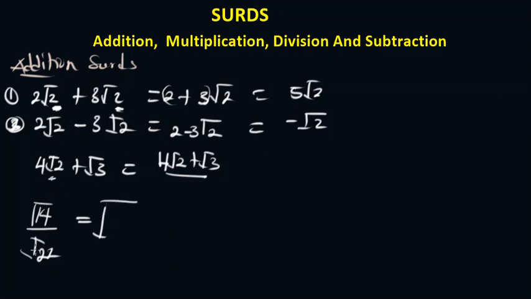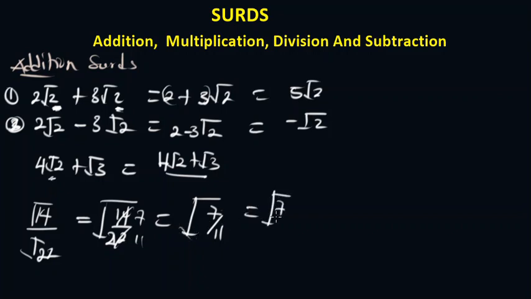So we extend the root on both numbers, and we'll have 14 divided by 22. But we know that we can use some common terms to simplify it. 2 can go into 14 seven times and 2 can go into 22 eleven times. So we'll have 7 over 11 as our answer. Let me write it well. 7 over 11. So this is the answer.